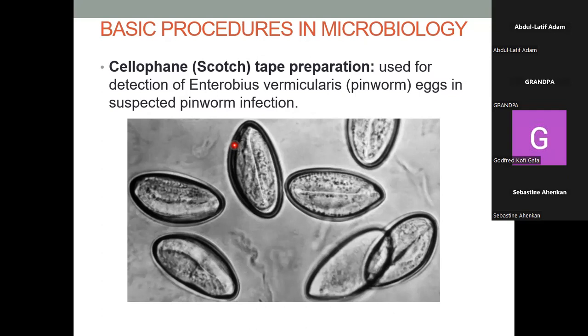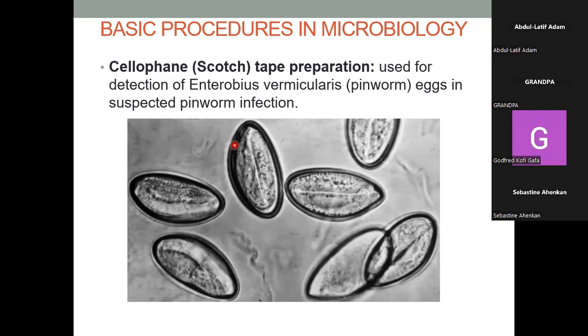You use the tape, the adhesive portion, to tap the anus. So you stretch it, and then the adhesive portion, you use it to touch the perineal area. The concept is that the eggs which have been laid there, the adhesive portion will pick them up. Then the sellotape is going to serve as your cover slip.